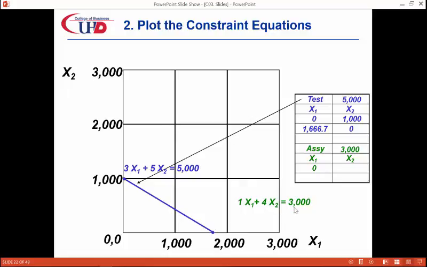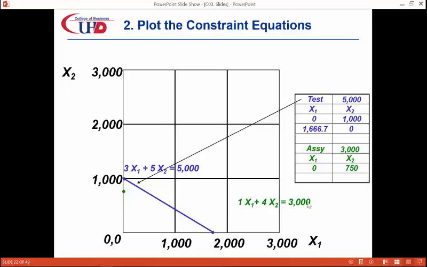Hence, divide 3,000 by 4, giving us the most multi-max we can get, based only on the assembly availability. So that is 750 units. The green dot on the graph shows the assembly intercept on the x2 axis.